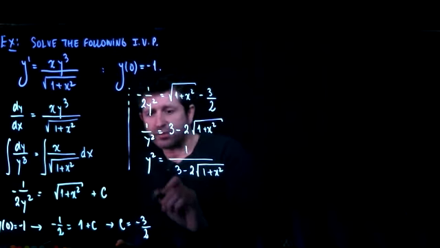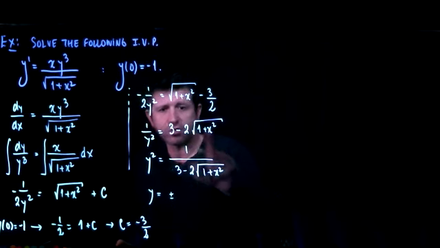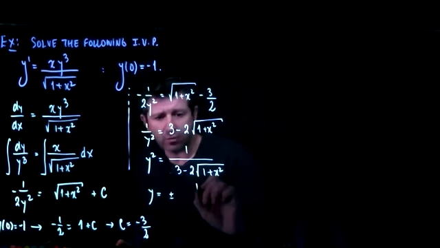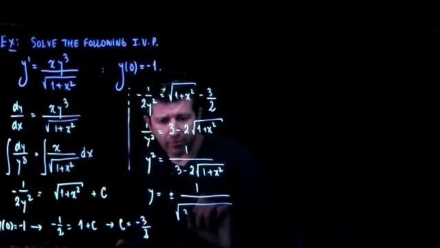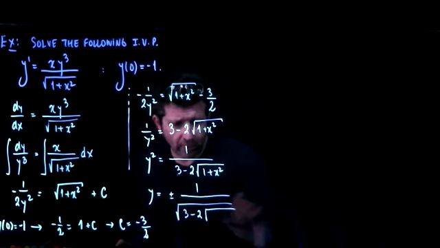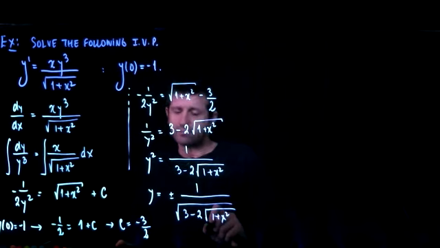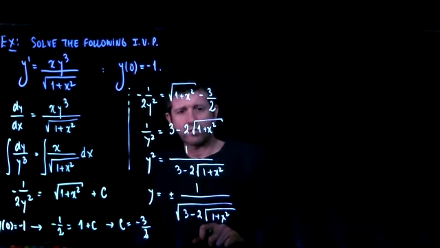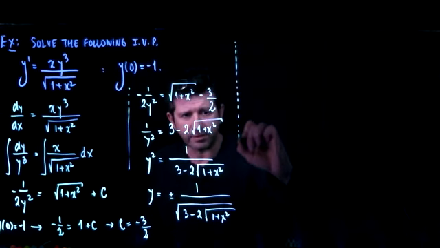And then y is equal to plus or minus the square root of all this. So 1 over the square root of 3 minus 2 square root of 1 plus x^2. It's okay until now? It's just basic algebra at this point.